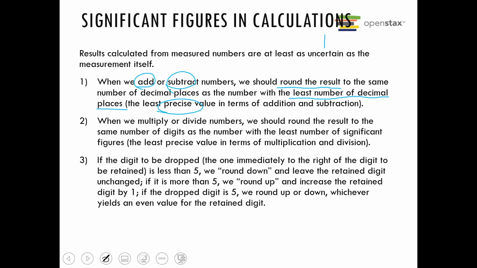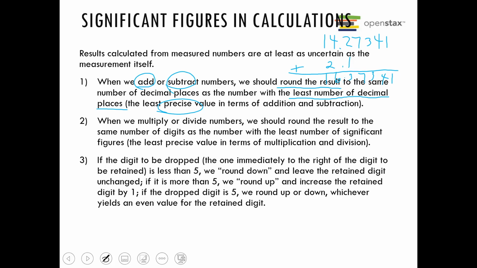If I said 14.27341 plus 2.1. So I'm going to bring down my 1, my 4, my 3, my 7. That would be 3, 6. So it'd be 16.37341.